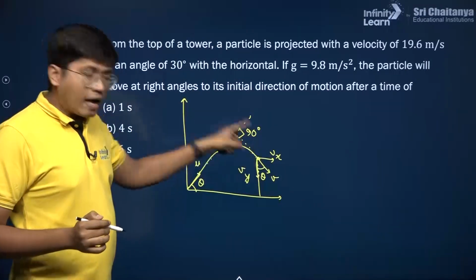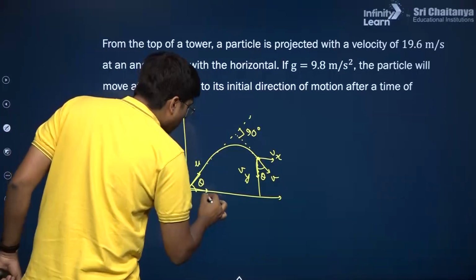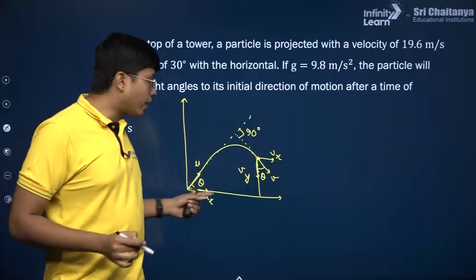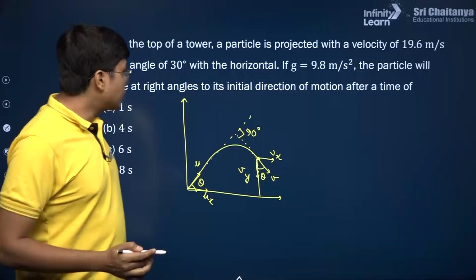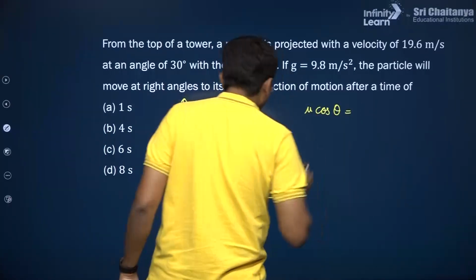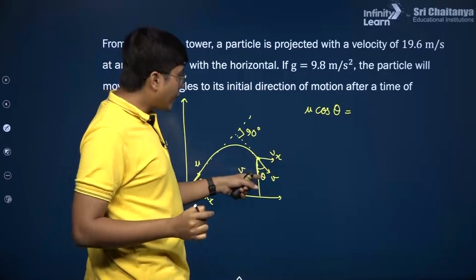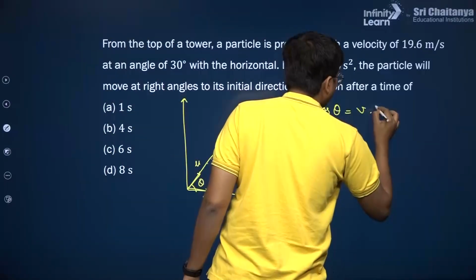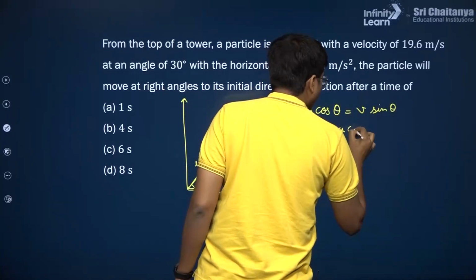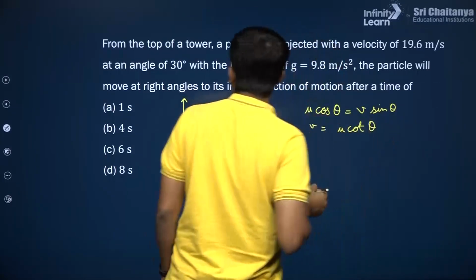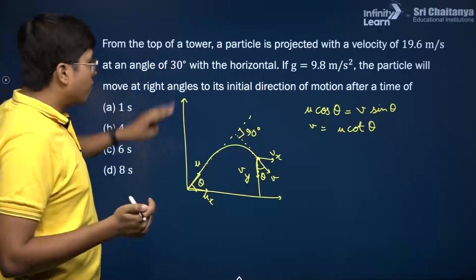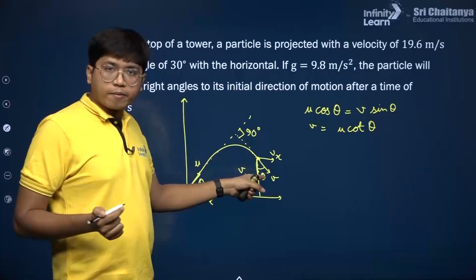Now Vx has to be the same as Ux, because we know in our projectile motion, horizontal speed never changes, which means U cos theta is equal to V sin theta, because Vx is V sin theta, which means V is equal to U cot theta. Now what is U given to us? U is given as 19.6. Okay, we'll put in the values a little later. So we have got V.